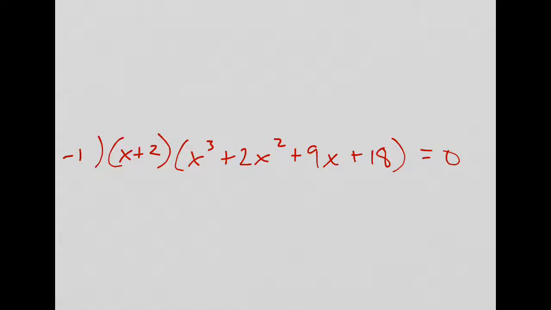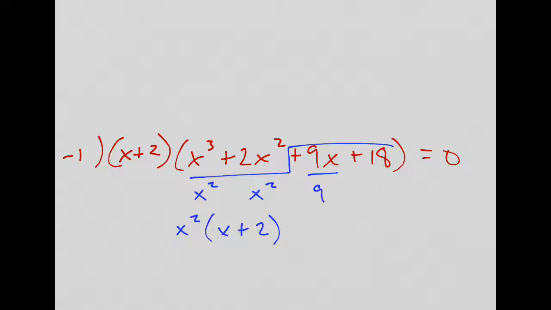Can I factor this? Maybe. Let's see. X squared on the outside, x plus 2 divided by 9. I think so. Isn't this beautiful? Larry, take a look at this one. Isn't it beautiful?